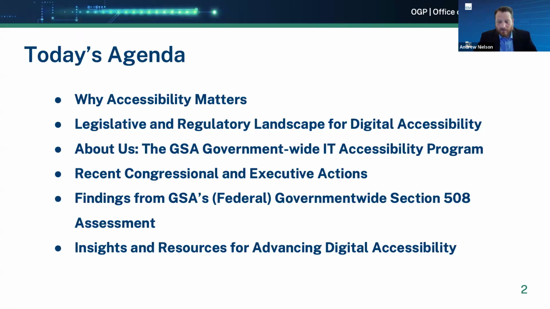So we'll get through first a little bit of why accessibility matters, kind of setting the stage. This is hopefully a review for most of you. And then I'll talk a little bit about legislative and regulatory changes, current events, the overall landscape for digital accessibility.